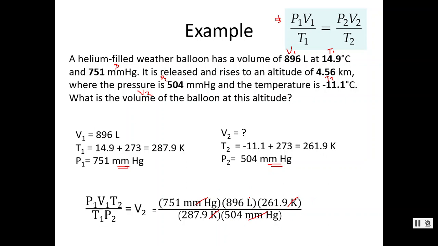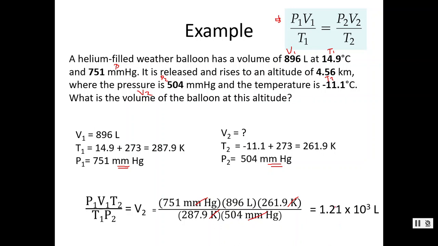And so doing the multiplication and division, and I'm not going to be picky about sig figs so much, but since I had data that was in 3 sig figs, I went ahead and reported my answer to 3 sig figs, which is 1.21 times 10 to the 3 liters.